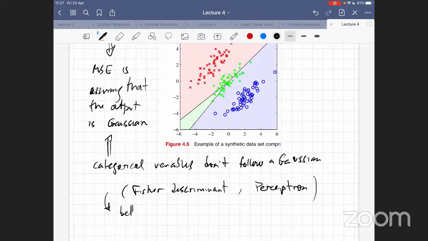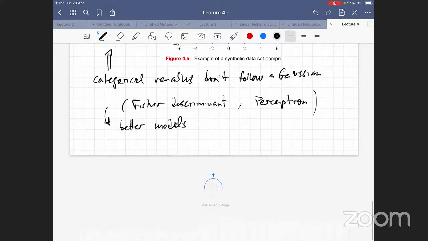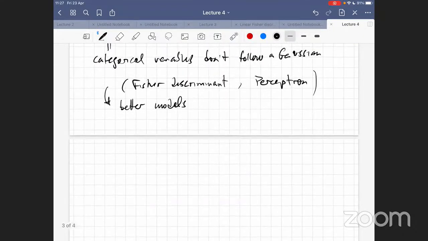Those are better models, and I am not entering into details of this. We will see in detail how this works, but this is covered in the literature.